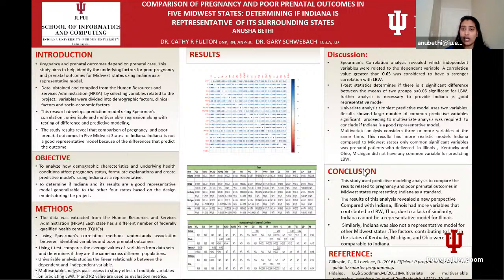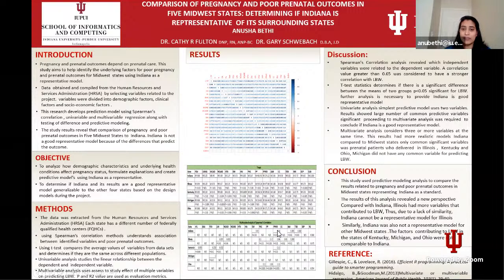Coming to the conclusion, after conducting all the predictive modeling and analysis, the results showed a new perspective: Indiana is not a good representative for any of the states. When compared to Indiana, Illinois had a larger number of variables that were significant, but even though a lot of variables were significant, it was not similar to the state of Indiana.